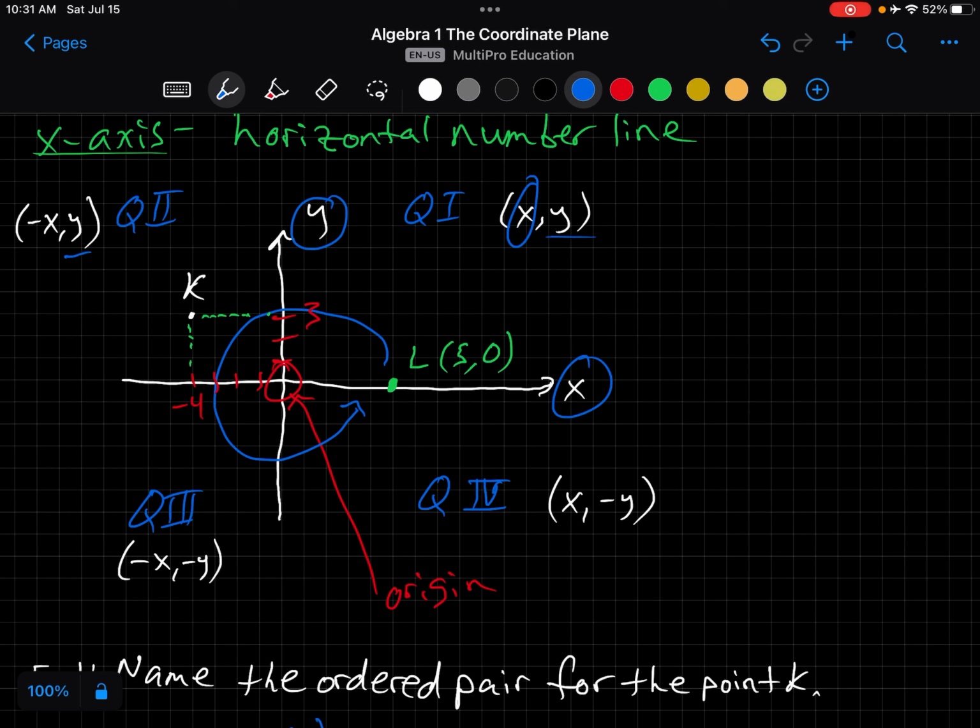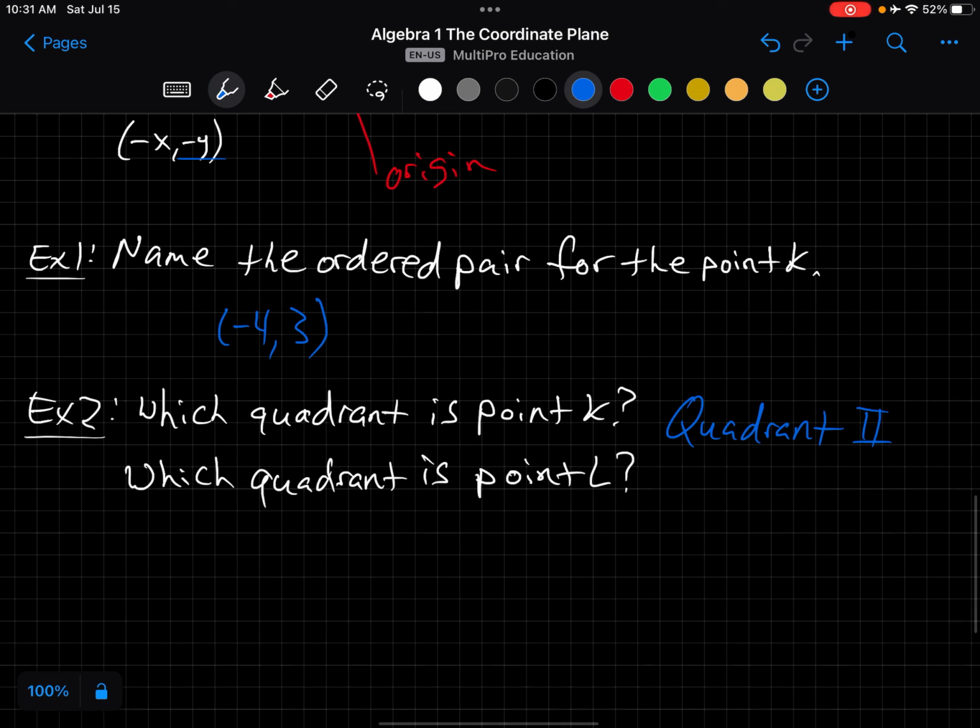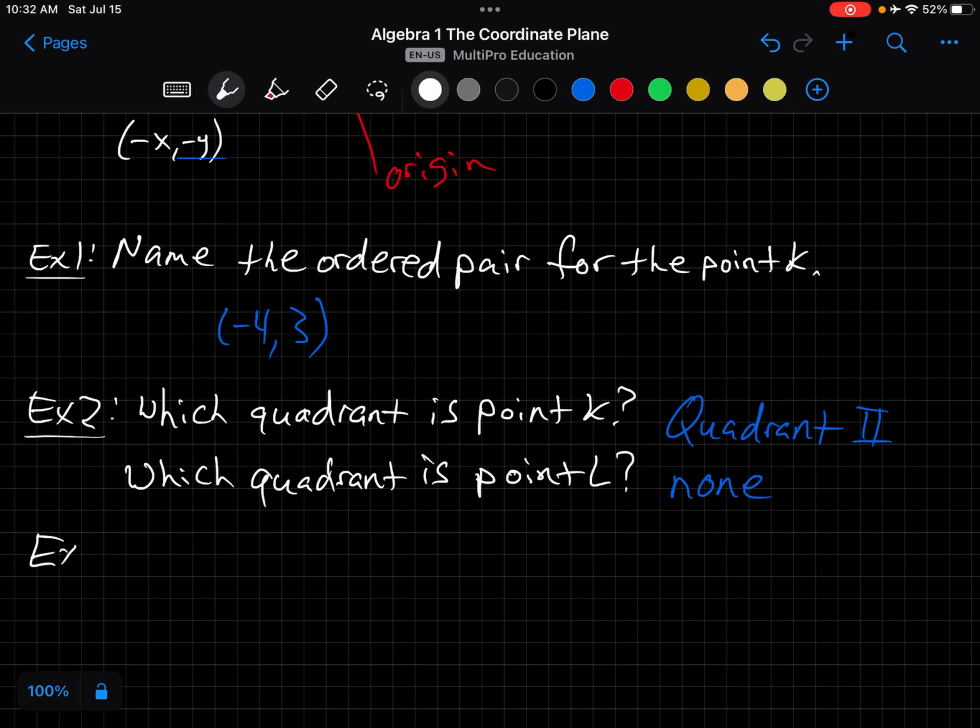So this has to be a positive, this has to be a positive, this has to be a negative, this has to be a negative. So the answer would be none. It actually does not fall into a quadrant. Whoa! Isn't that crazy?